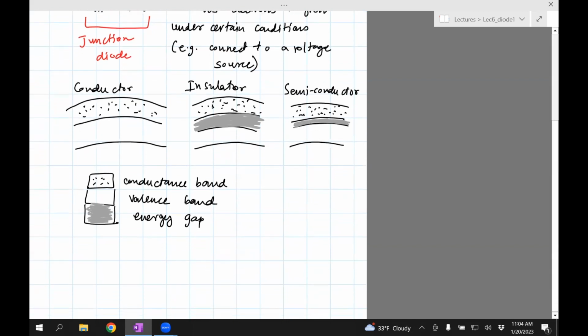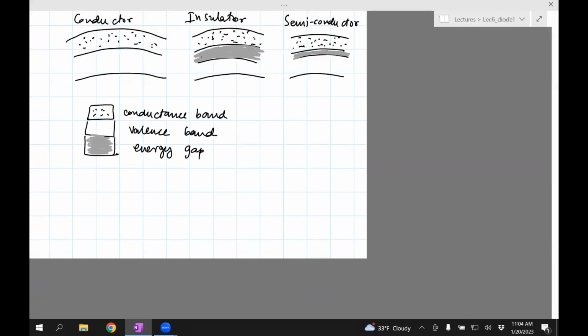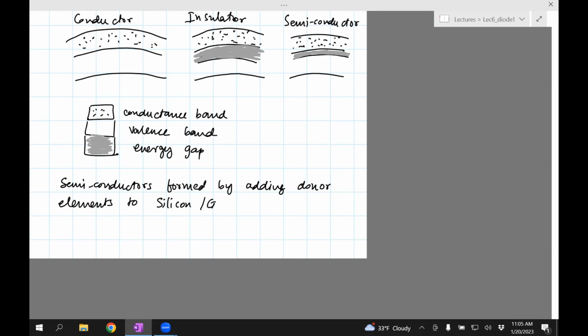And now for semiconductors, what is done is that you typically add donor elements. So semiconductors are formed by adding donor elements to silicon or germanium.